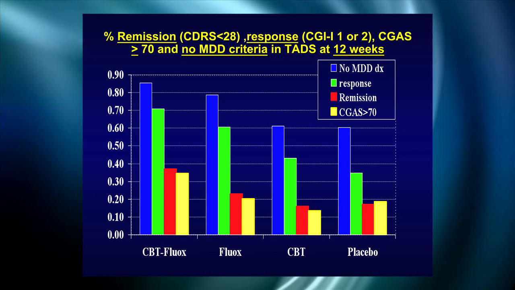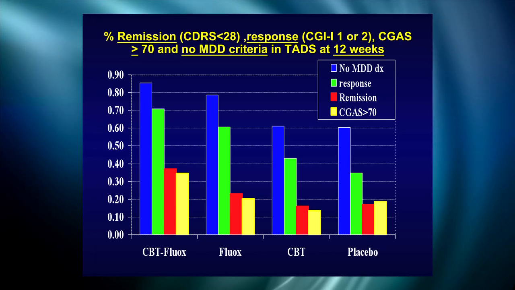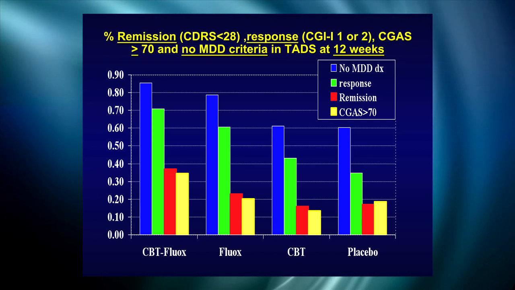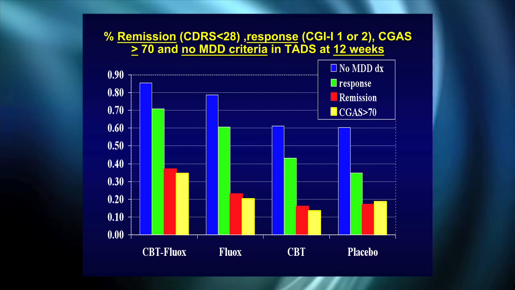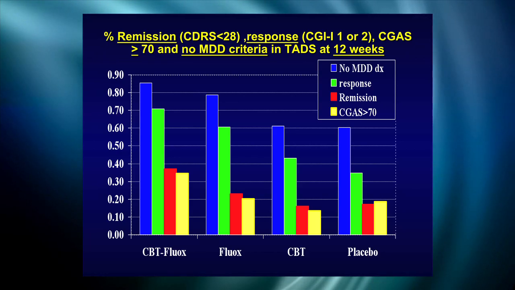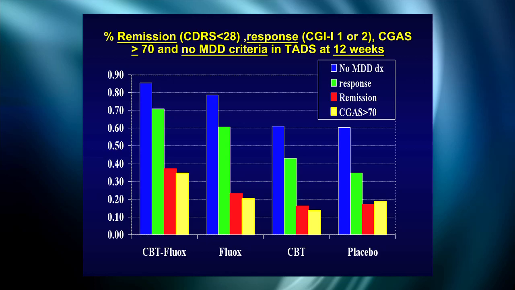If you look at response, which was a 50% decrease in the score, it's a little bit less. If you look at remission, meaning that the score was below 28 and there was a real significant improvement in functioning, you're at a much lower rate. So it's not rocket science to figure out that the more stringent your criteria are for improvement and recovery, the lower the rates are for all of the various arms.